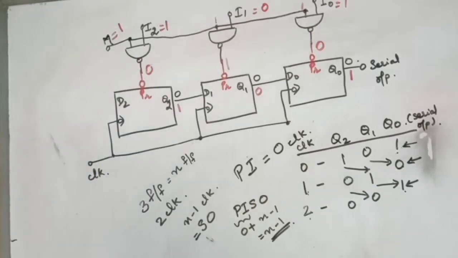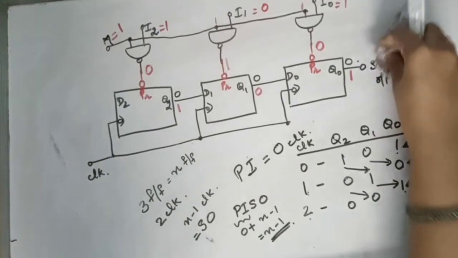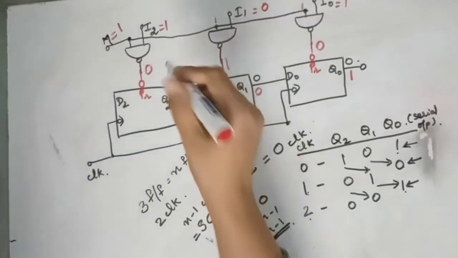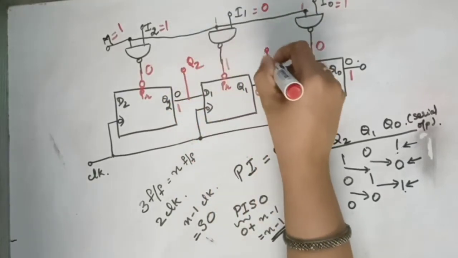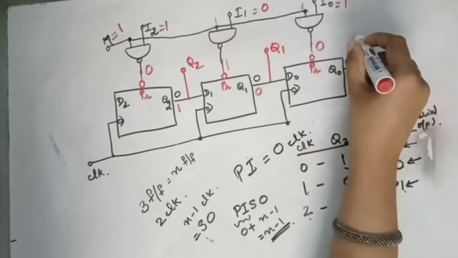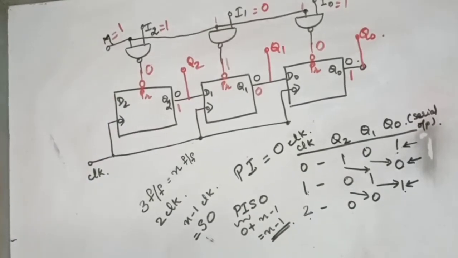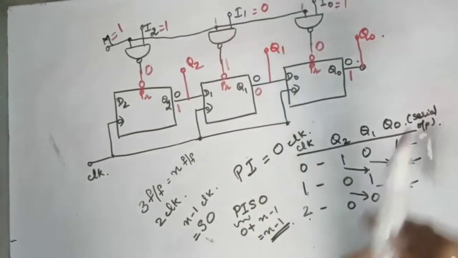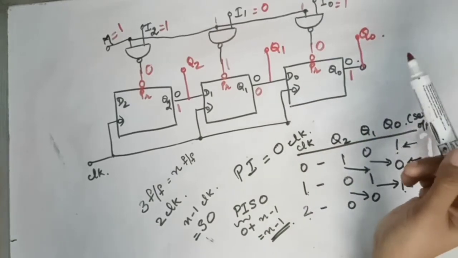Now suppose you are taking the output also in parallel. Output also in parallel means what? You are not taking it from here. You are taking the output using LEDs from here. After you give the parallel input data, you are taking the output from these three LEDs.